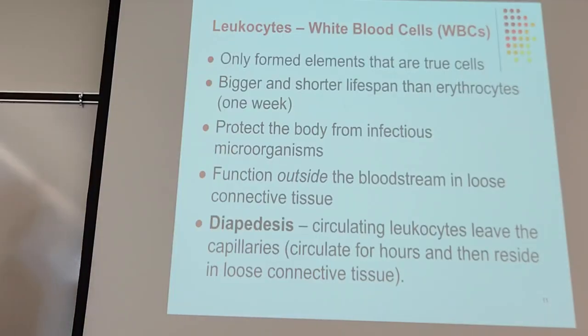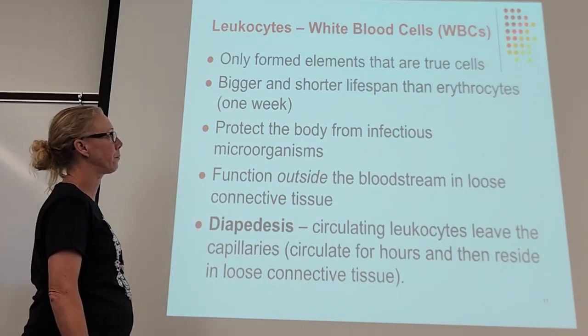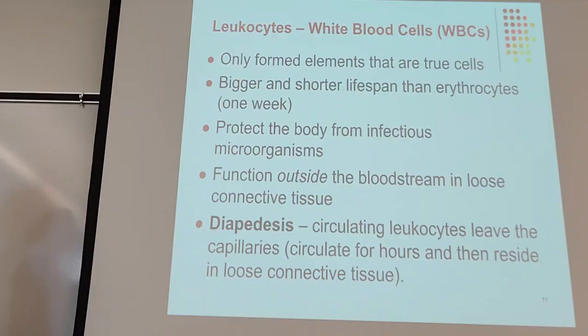White blood cells, we know, are true cells. They have nuclei and keep their organelles, so they're much larger in size because of that, but they don't last as long. So there's a constant turnover. You're constantly making white blood cells in your bone marrow.